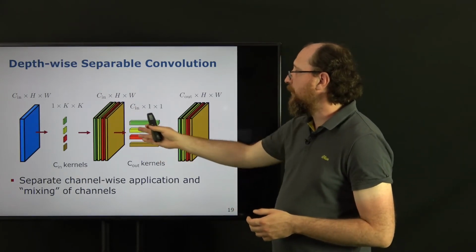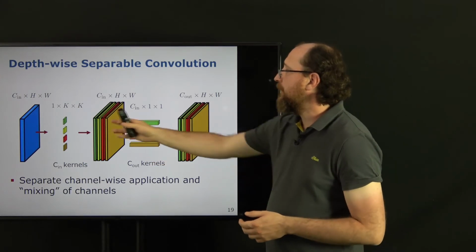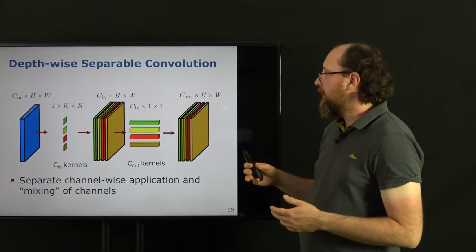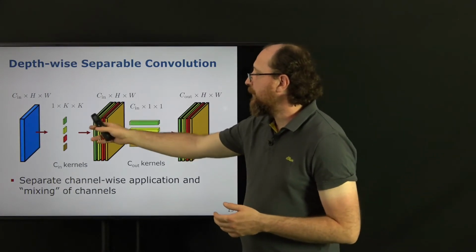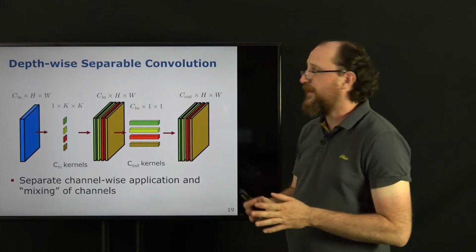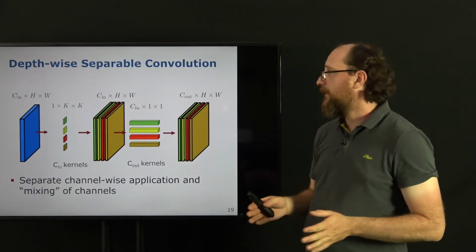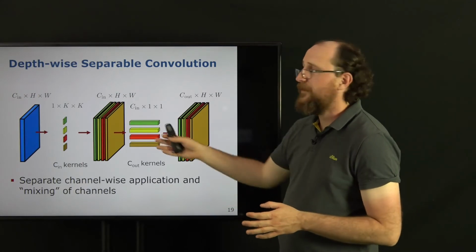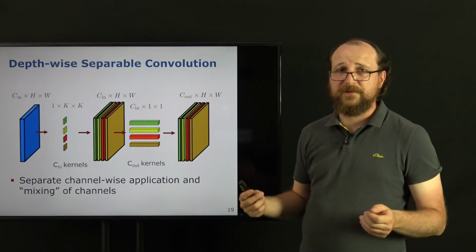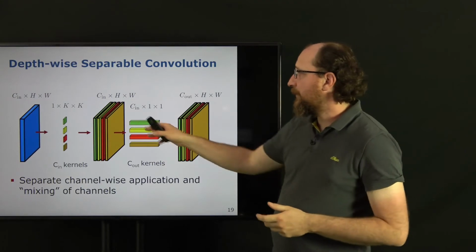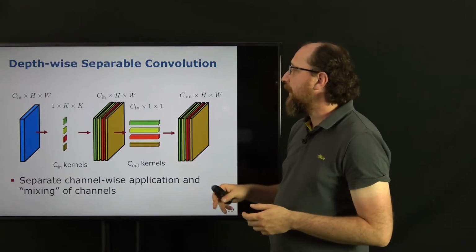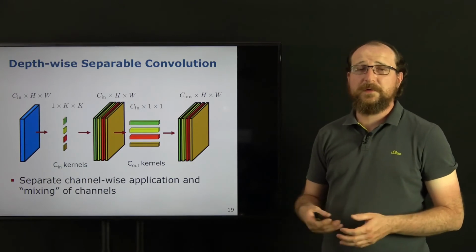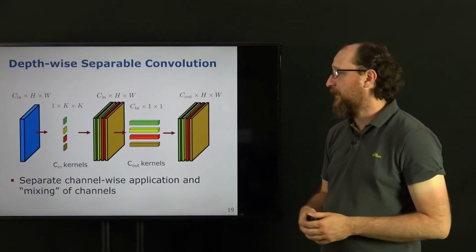And then we are using one-by-one convolutions to mix the feature channels that we get out from the convolutions. So we have now separated the channel-wise convolutions and the point-wise convolutions from each other. And by using this trick, we can drastically reduce the number of parameters that we are using, and so also the number of computations.